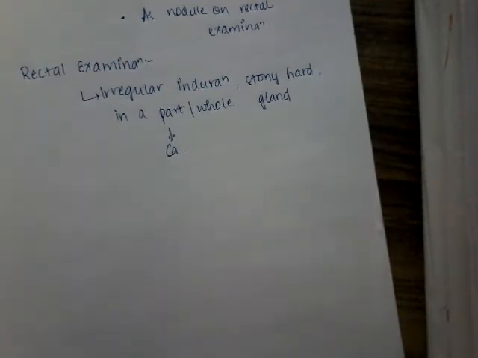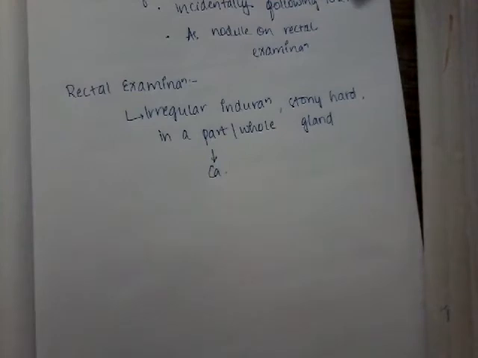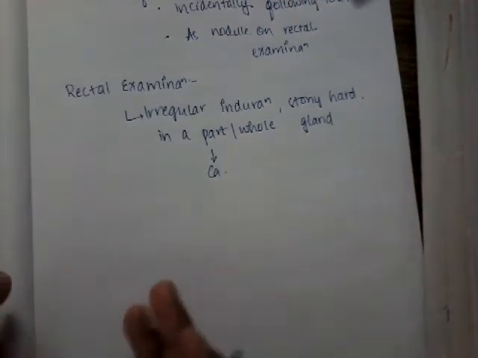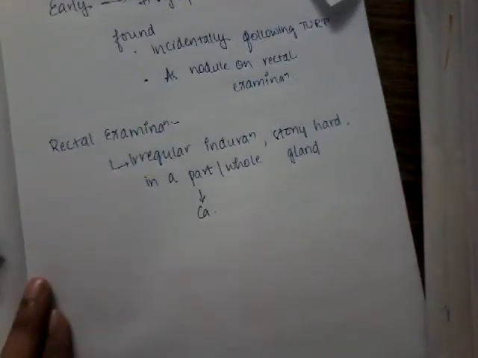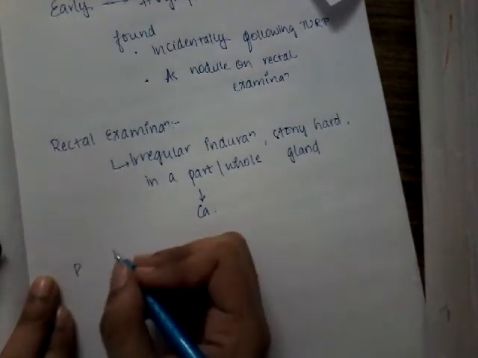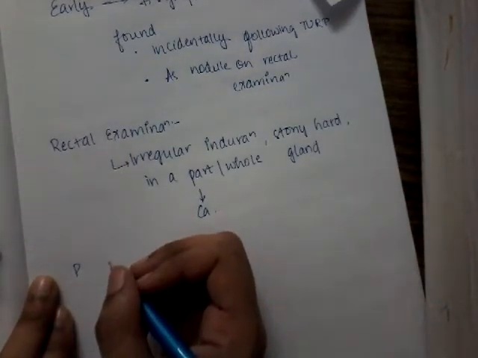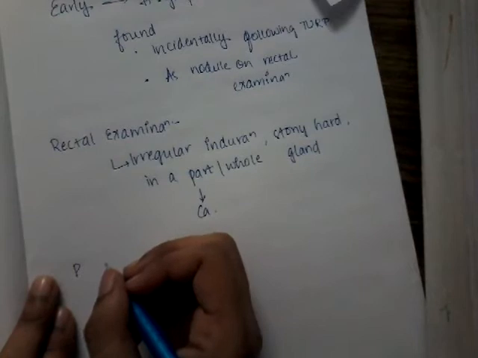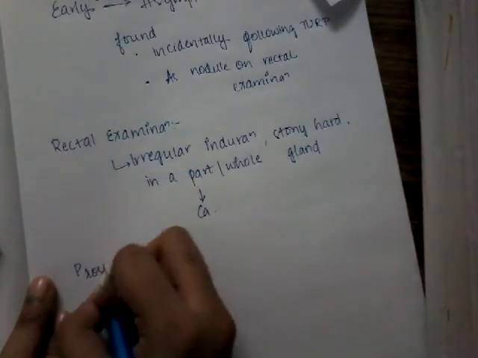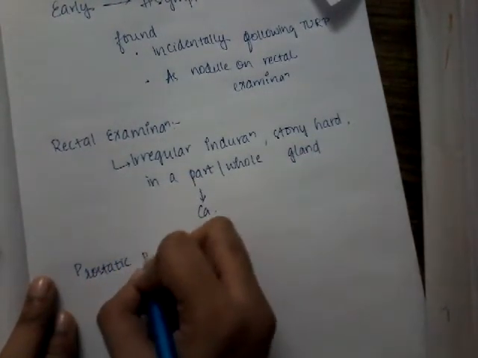In the rectal examination you will feel irregular induration, a stony hard part in a part of the gland or in the whole gland. So that suggests prostatic carcinoma. And then once you have done the prostate examination and you know that there is something wrong in the prostate, then you should do a prostatic biopsy.